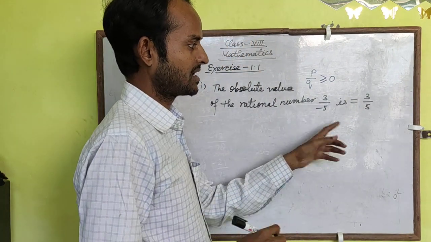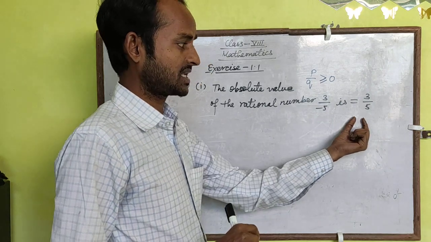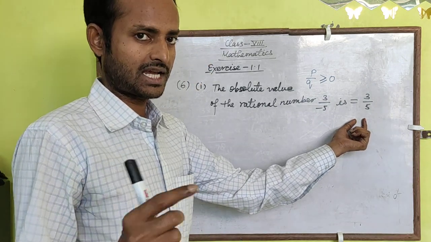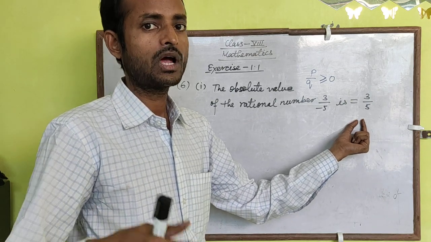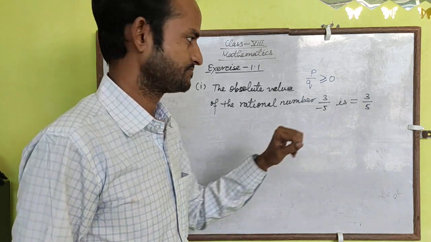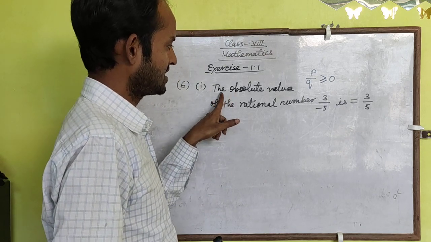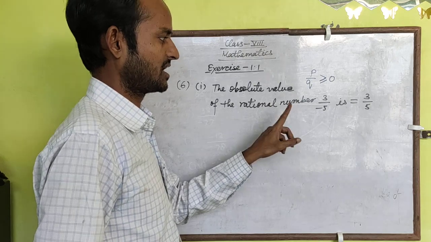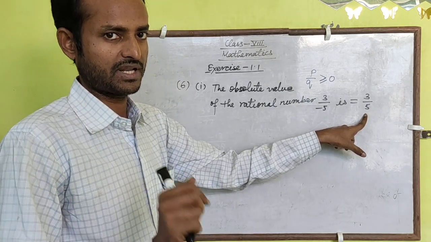The numbers are the same but the sign is always taken plus. It means we have to take either 0 or greater than 0, that is, positive numbers. So the absolute value of the rational number 3 upon minus 5 is simply 3 upon 5.